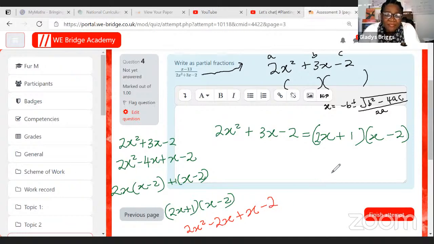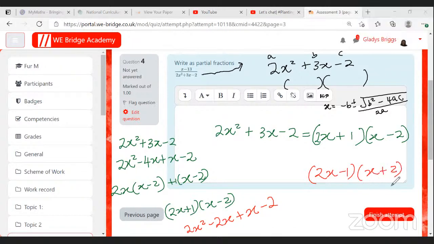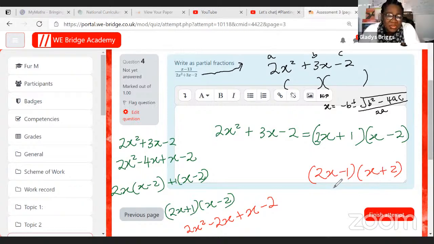What was your answer? 2x minus 1? Yes, and x plus 2. Is that what you got? Yes. So let me expand yours and see who is right and who is wrong. 2x squared, because I'm having problems with my 2x squared, minus 4x, so I see my problem. 2x squared minus 4x, yeah, so that would then give me minus 3 plus 3x.